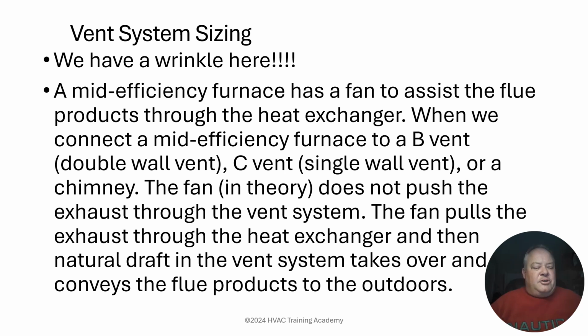So when we have a mid-efficiency furnace that uses the old natural draft B vent or the natural draft chimney, usually with a chimney liner in it, we will have the option of putting that mid-efficiency in. We obviously are not going to sidewall vent this mid due to the facts of what I just talked about. So if we have a mid-efficiency that goes into a B vent or into a chimney, we can actually use these tables for that application as well.